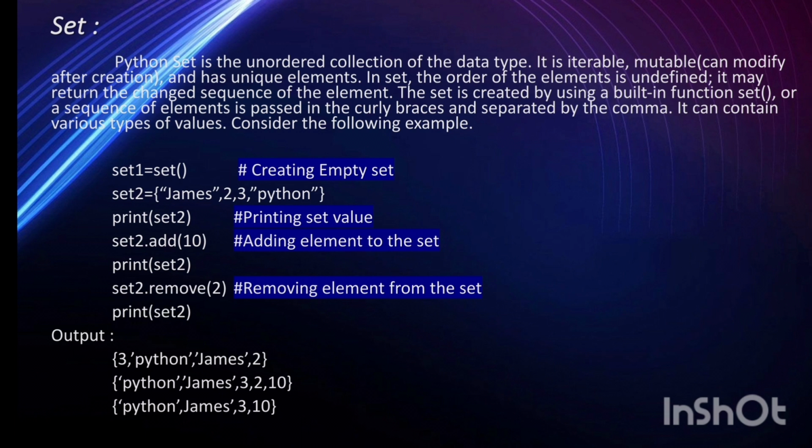Consider the following example to understand it better. Here in the first line we are creating an empty set by using the set function. Set1 is equal to set, and in the second line we are creating a set named set2 and assigning some elements into it.